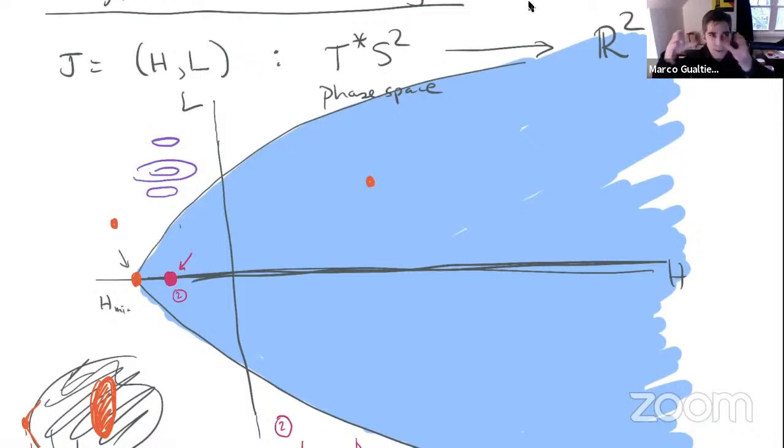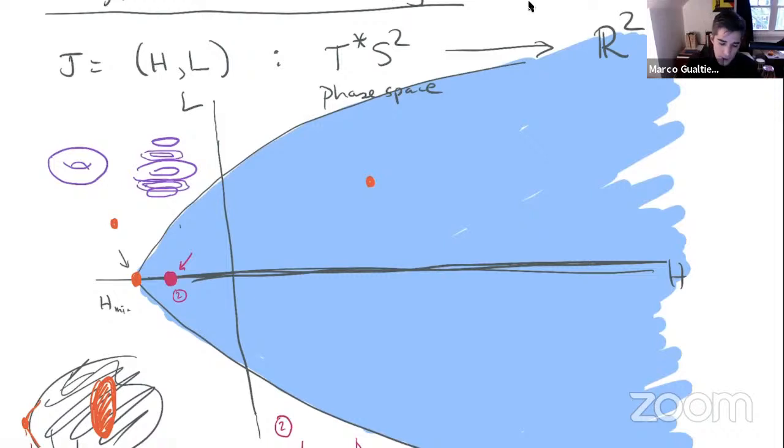So if I put all of these together, what you're getting is a torus, which is being sliced horizontally. Does it make sense?